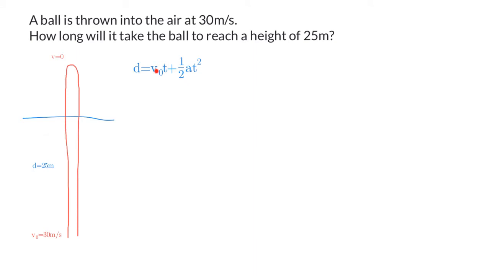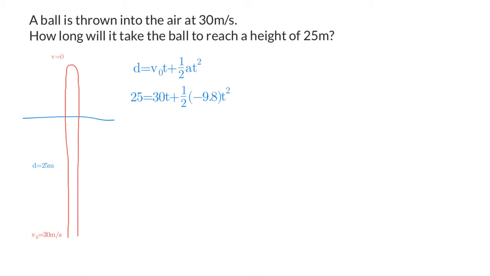We have the starting velocity of 30, and of course we know that the acceleration is going to be negative 9.8. So when I place in the values into d equals v naught t plus 1/2 a t squared, we get the following. 25 equals 30t plus 1/2 of negative 9.8 t squared.